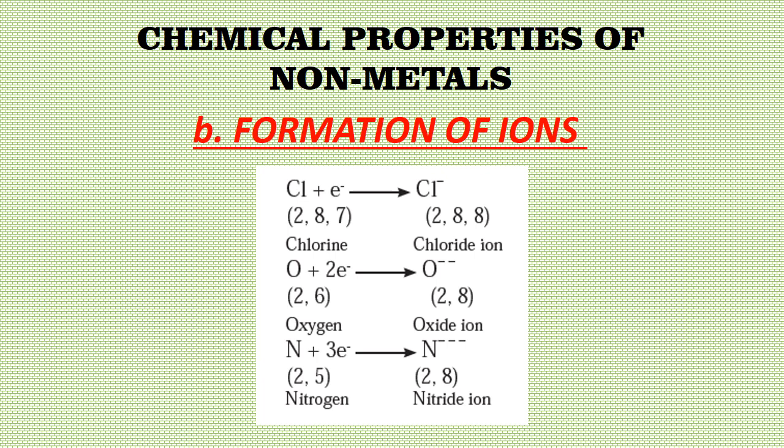And then we can see 2, 8, 8, that is chloride ion. Similarly for oxygen, 2, 6 means there are 2 electrons less to complete the octet, and hence it accepts 2 electrons and forms oxide ion. Similarly for nitrogen also.